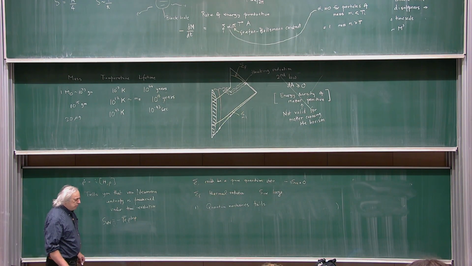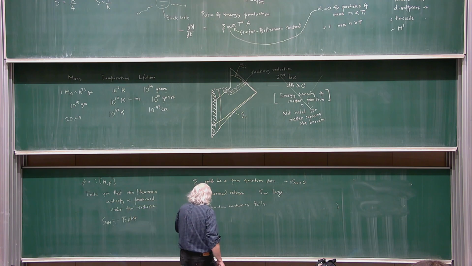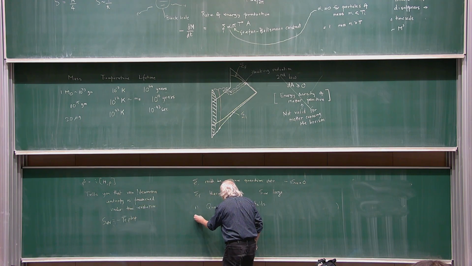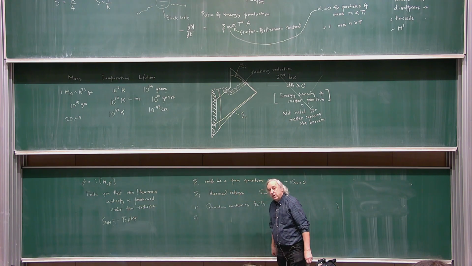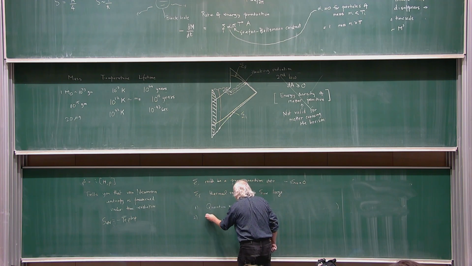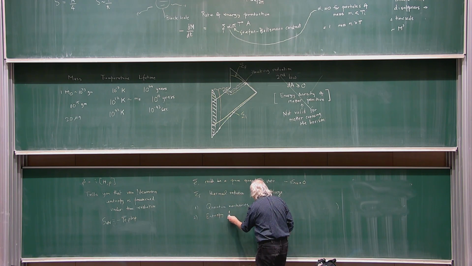So what else could be wrong? The real problem looks as if it has to do with the entropy. The entropy of a black hole, we said, was a quarter of the area of the event horizon.